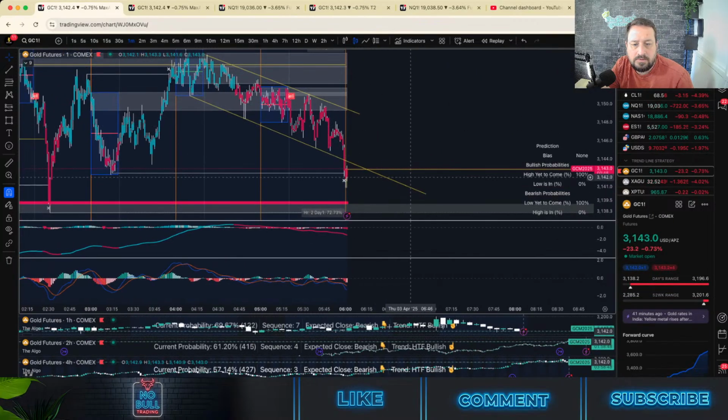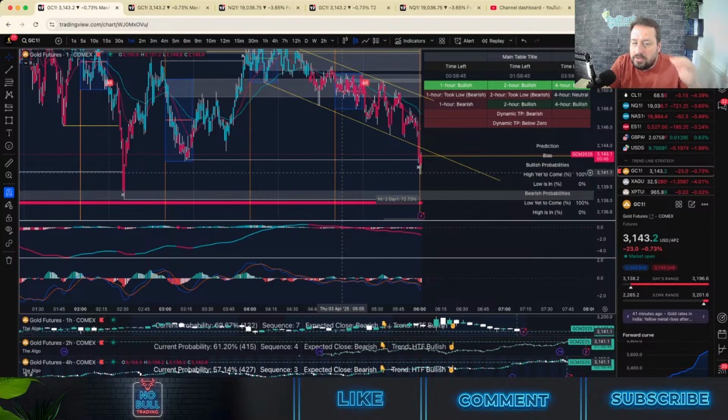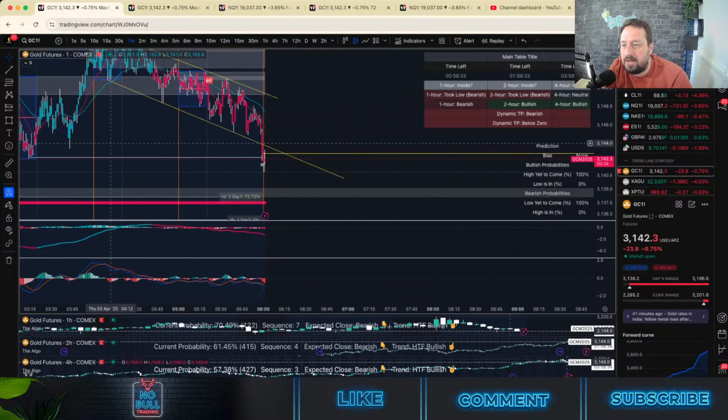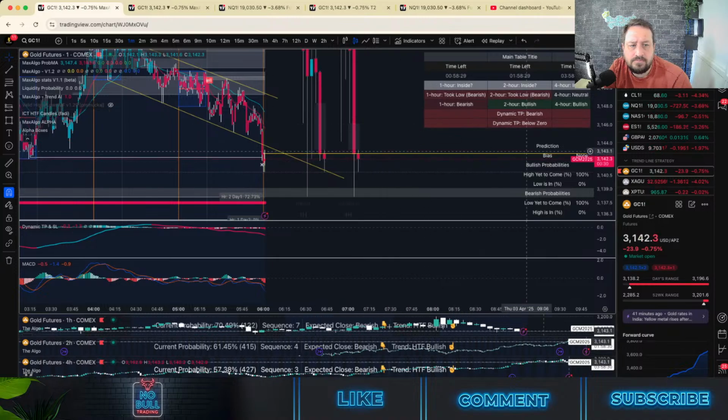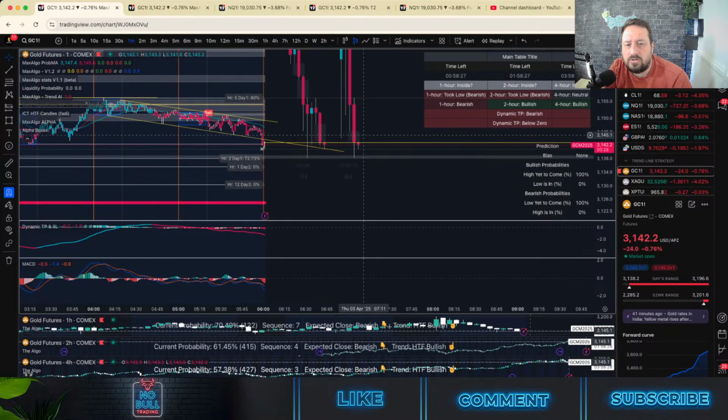Right. So we didn't take the low of the 4 hour on gold. So we did have a non-common low in the 4 hour candle. Let's just have a look at the formation of the 4 hour. Yeah, so it closed quite strong. That's quite a strong close, right?